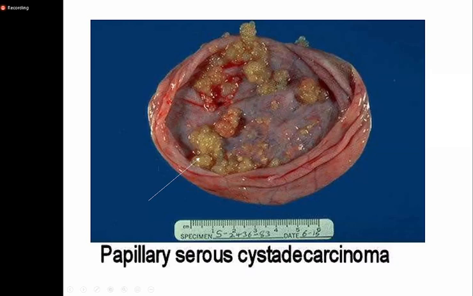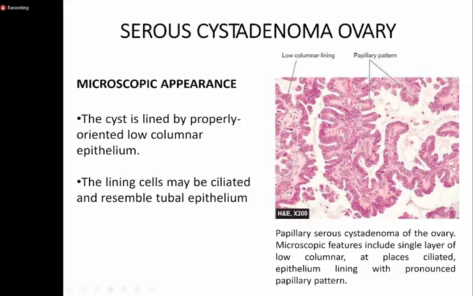Microscopically, the cyst is lined by properly orientated low columnar epithelium. You can see all these finger-like projections are lined by columnar cells sitting nicely on the basement membrane. The cells may be ciliated. This is a cystadenoma, so it's benign.